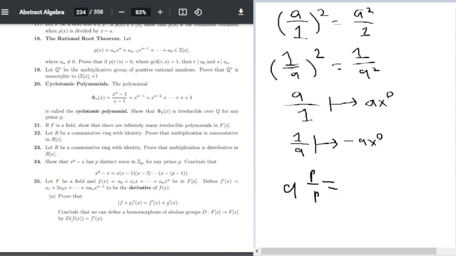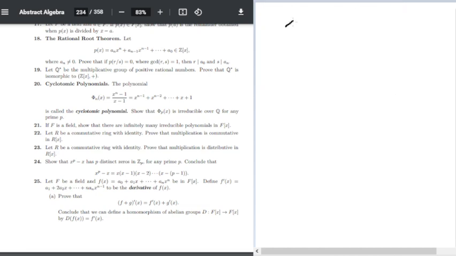I think I'm starting to see the trick of this. So 1 is mapped to 1.